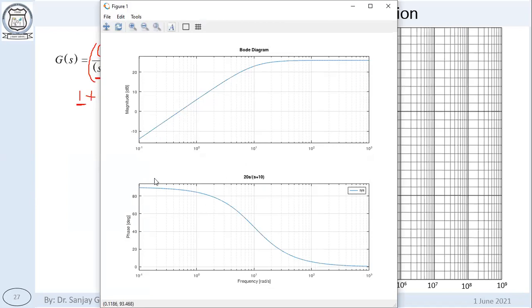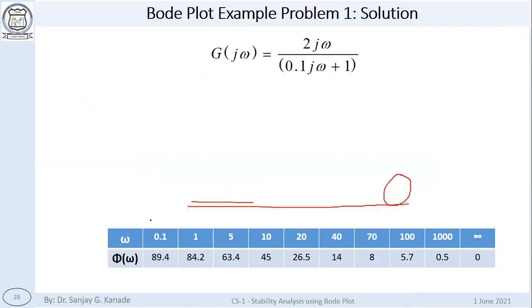When the phase plot is done by the software, it is obviously done at a lot of points, which we cannot take on paper while drawing our graph. So obviously we are going to have some close approximations. As many points as you can take, we should take.